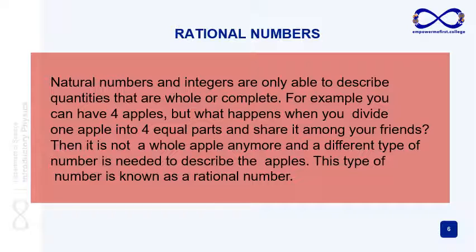For example, you can have 4 apples, but what happens when you divide one apple into 4 equal parts and share it among your friends? That simply means that the apple you have divided into 4 equal parts is no longer whole, and a different type of number is needed to describe the apples. This type of number is known as a rational number.